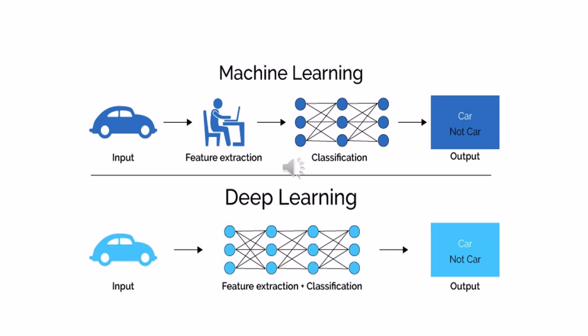If we go for the deep learning technique, feature extraction and classification are combined together, finding whether it is a car or not a car. That is the major difference between machine learning and deep learning.